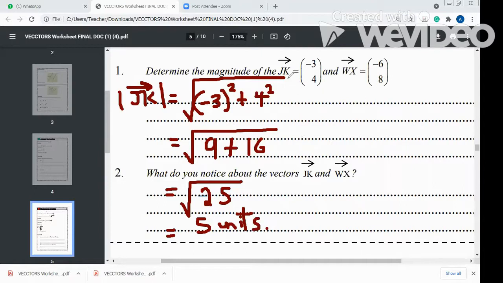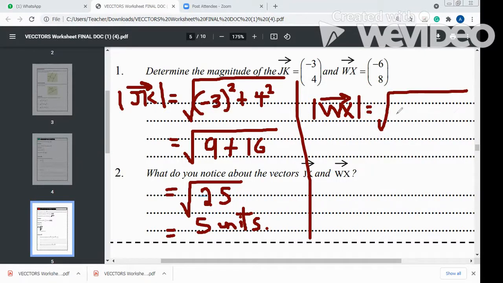Very good. Any questions? That's the magnitude of JK. All right, what about the magnitude of double X? Who wants to take on that one? Me, sir.